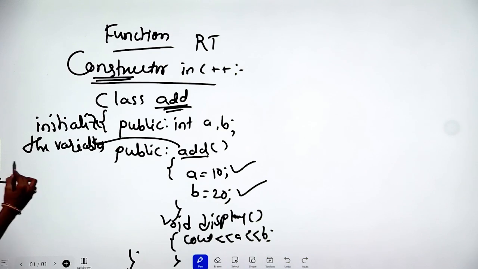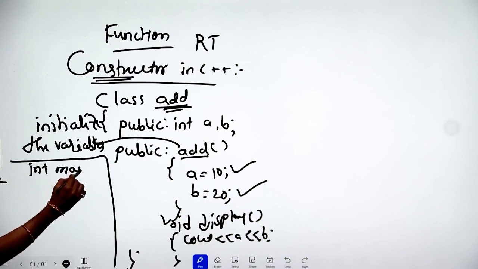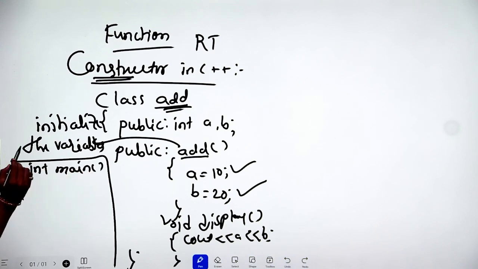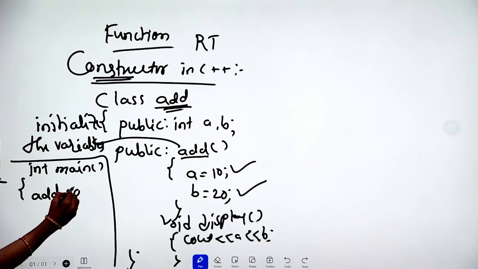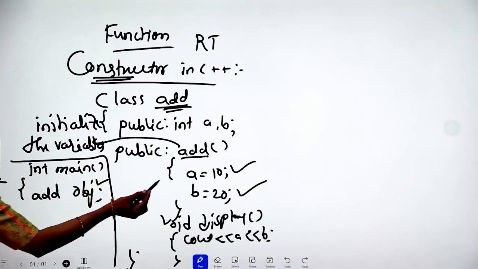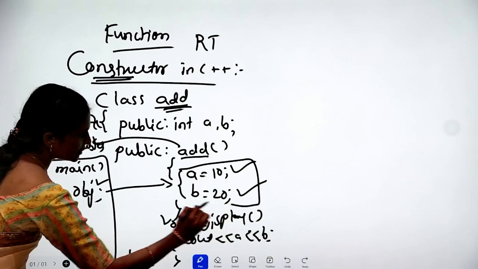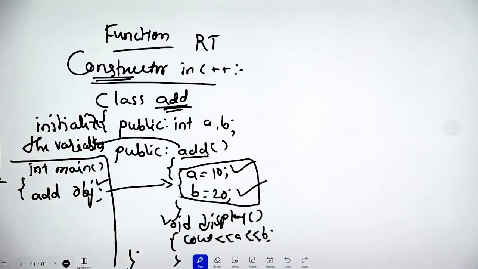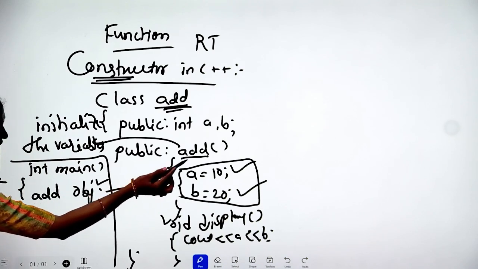Now we are going to run this. In main, we create the object for the class. As this object is created, the value of A becomes 10, and B gets its value as well.